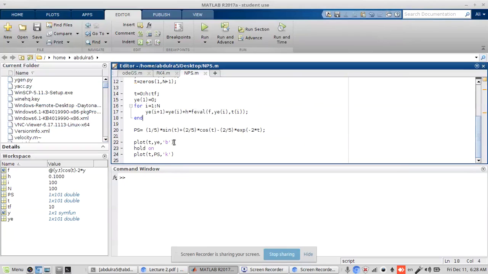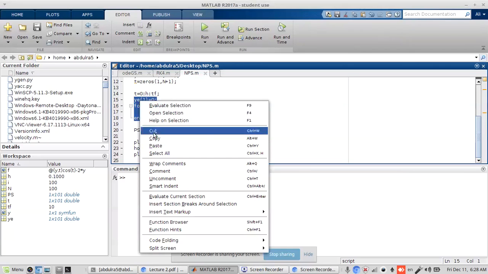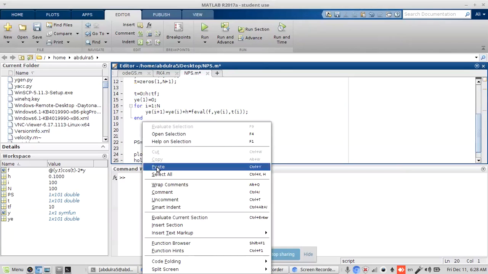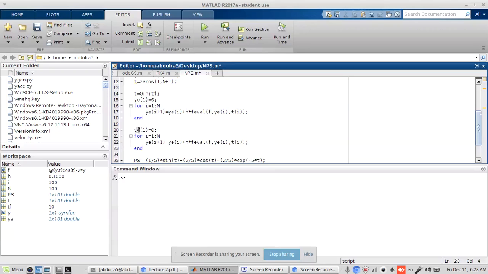Let's close this figure and copy these statements, so that will be for modified Euler. But here there are K1 and K2.